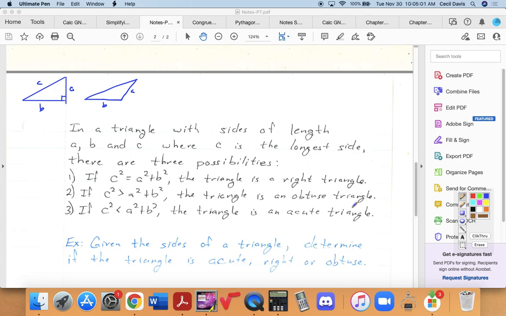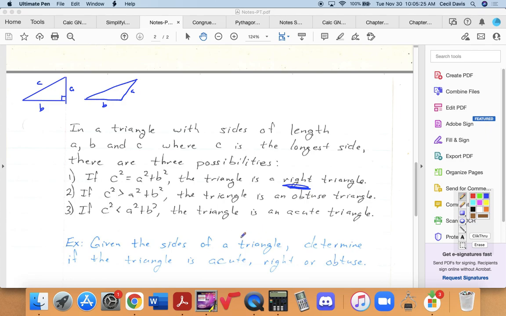I had a student years ago who called this the Goldilocks theorem. For those of you who are familiar with it, when Goldilocks went to the first chair, it was too small. Or it was too big. And then she found one that was just right.